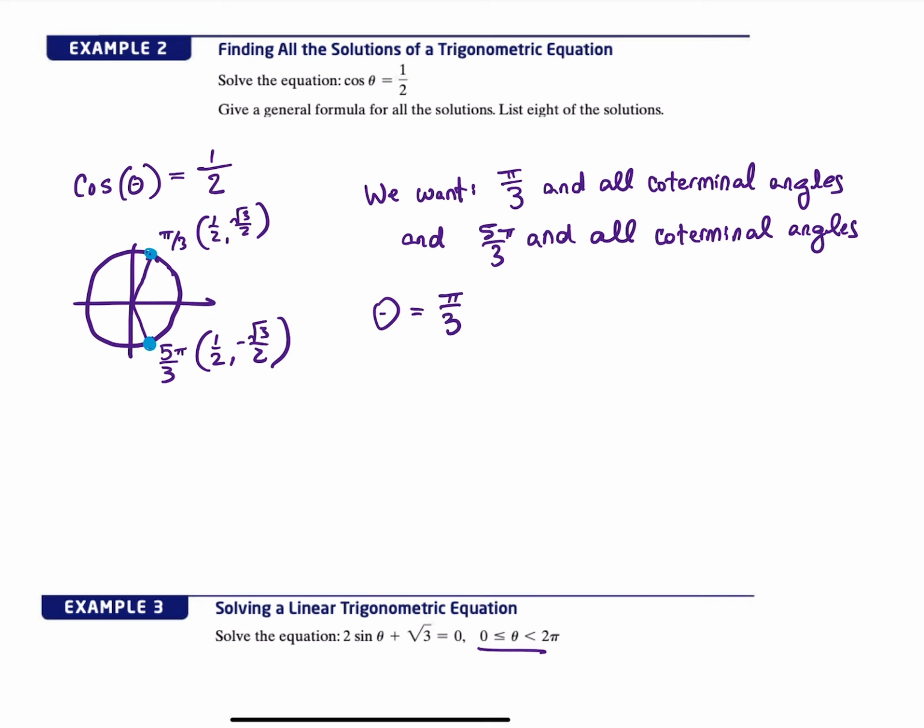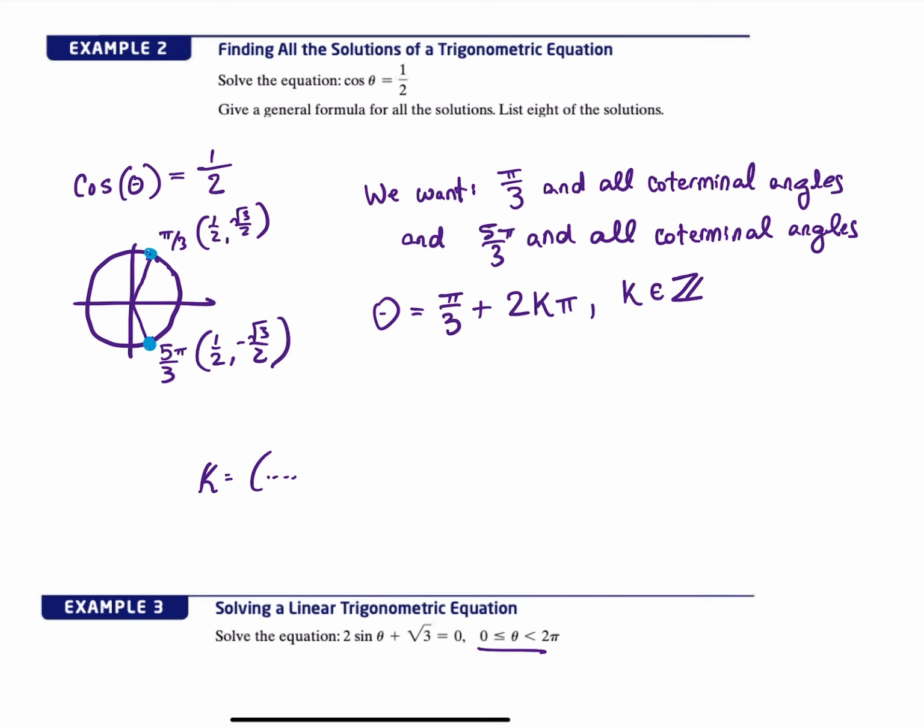So we can say this generally by saying plus 2k pi, 2 pi k, you can move those around if you want, where k is an element of the set of all integers. We can use this general notation, meaning k can be anything, going down to negative infinity.